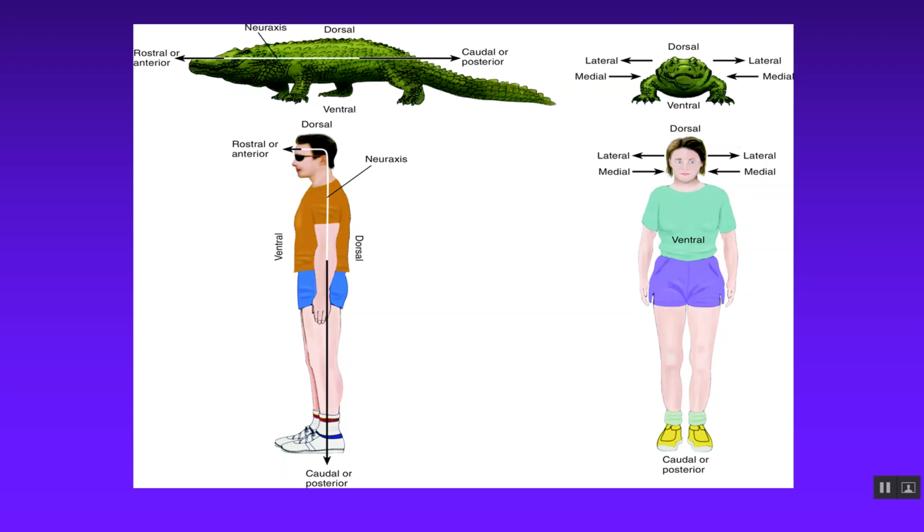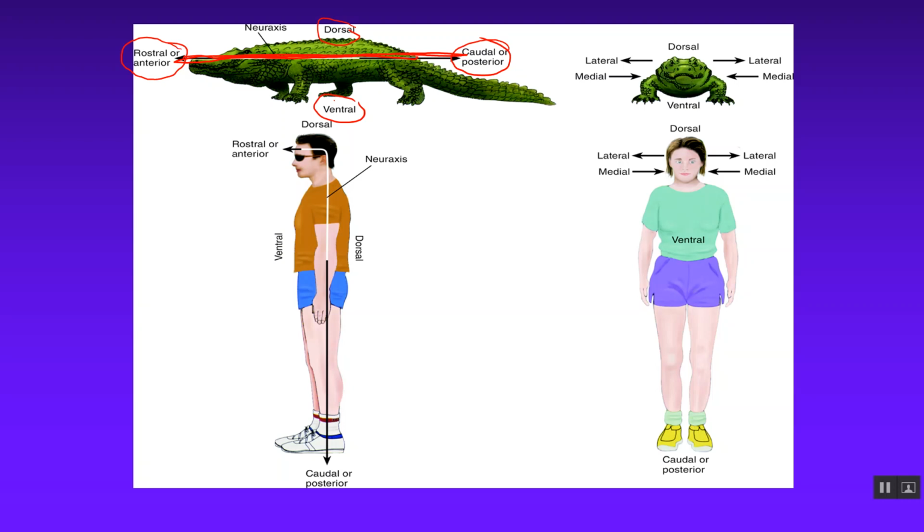Alligators are a lot simpler because their neuraxis is just straight like this, and they're on all fours. So dorsal and posterior are synonymous here, as are ventral and caudal. Rostral and anterior are synonymous in an animal that's on all fours. We are different.